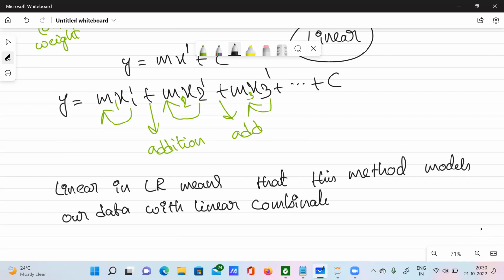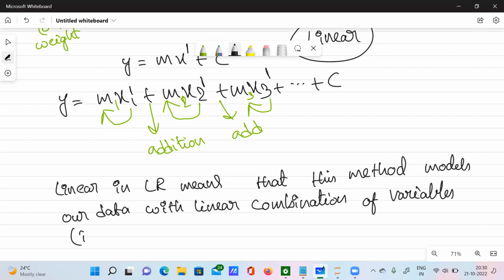What is meant by this linear combination here? Linear combination is nothing but all the variables being raised to the power 1 here, right? So a linear combination of variables. What are the variables here?